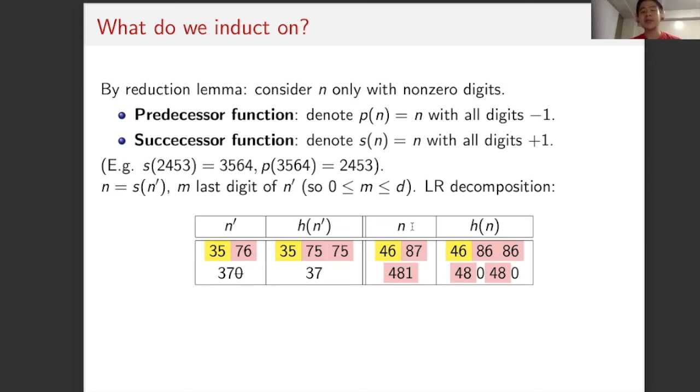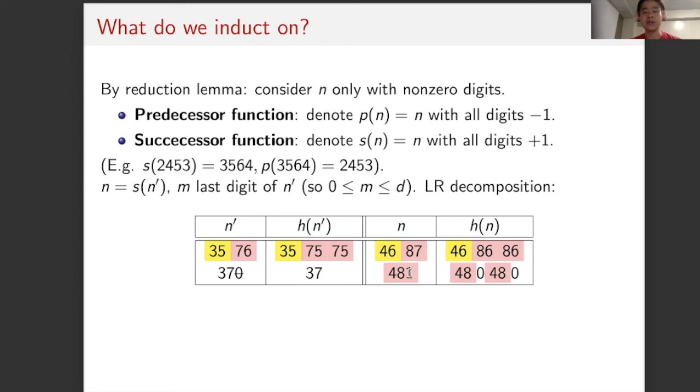Now, what happens if the last digit is zero? Here, from 370, it just becomes 37. But if you add one to everything, 481, then unfortunately the string just becomes longer, 480 480. Now, there's a beautiful property here as well. From zero you become one, and one is the smallest non-zero digit.